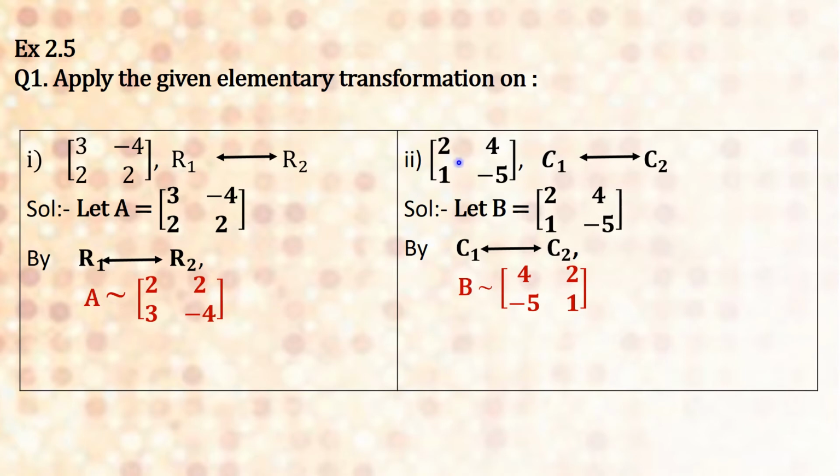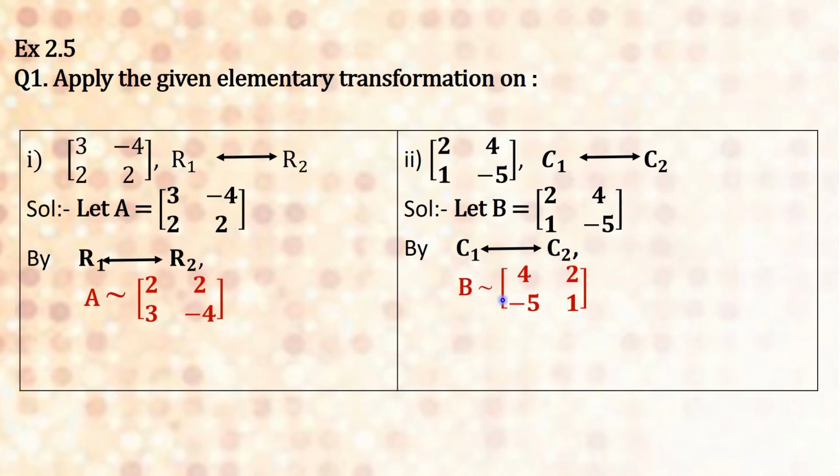Now the second question is the matrix [2 4; 1 -5]. Here column 1 and column 2 are interchanged. So give the name B to the given matrix [2 4; 1 -5]. We have to use the transformation C1 and C2 are interchanged. First column and second column are interchanged.